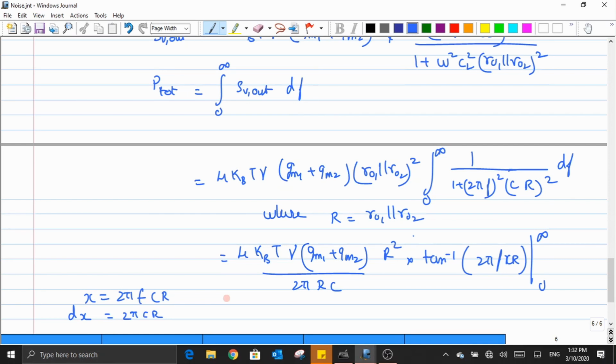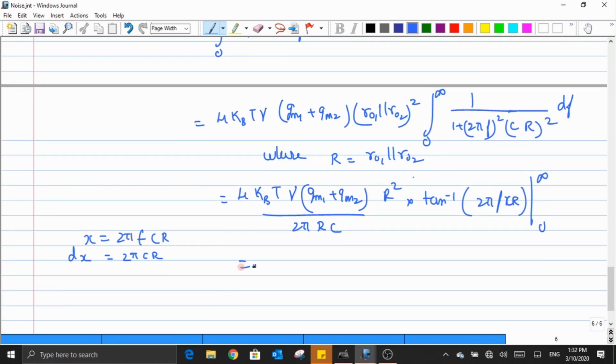Okay. So now that I have a pi by 2 term out of this tan inverse, and when I apply the limit of 0, it is just a 0 term. And here I have one R being cancelled out, and I have this 4kTγ(gm1 plus gm2) divided by 2 pi.